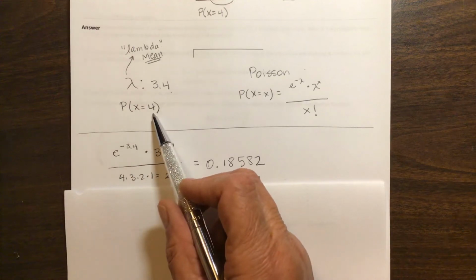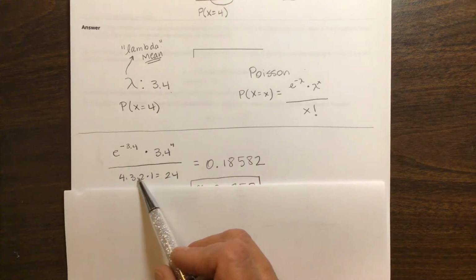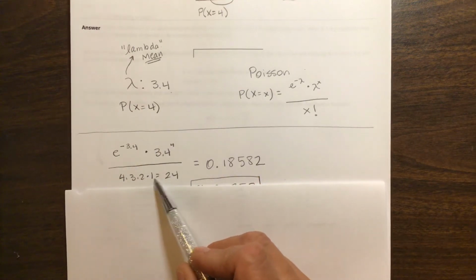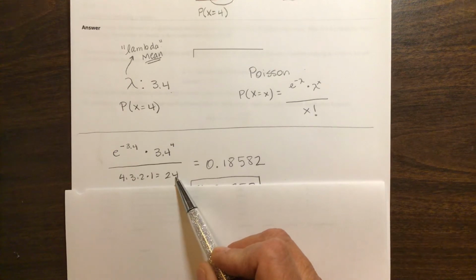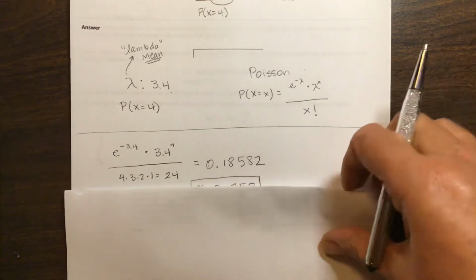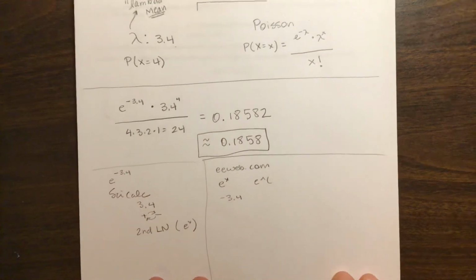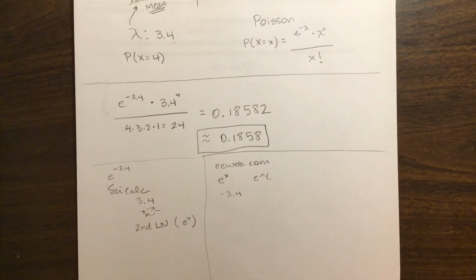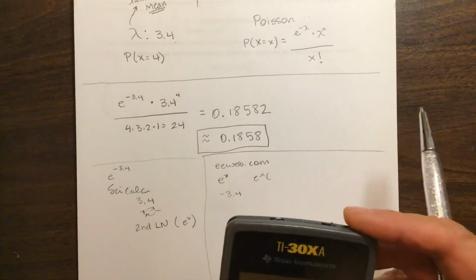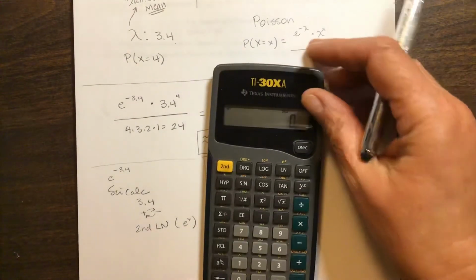X is 4 this time, so that means 4 times 3 times 2 times 1, which multiplies together to give you 24. So this is what I got, and on a scientific calculator, this is how I figured out to do this.